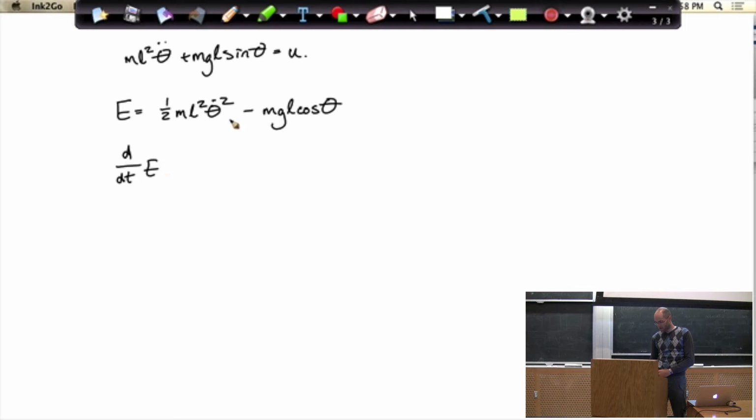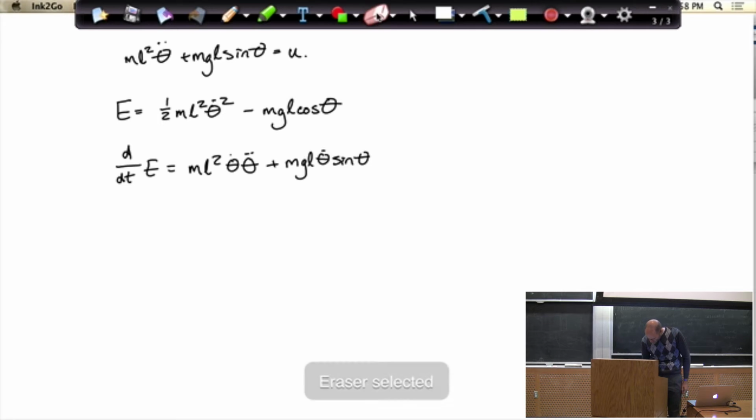I'll just differentiate this, so the 2 cancels out. I get ml squared theta dot times theta double dot, and then plus mgl theta dot sine theta. Another good piece of feedback was that the dots are sometimes hard to see. Let me see if I can make them really big.